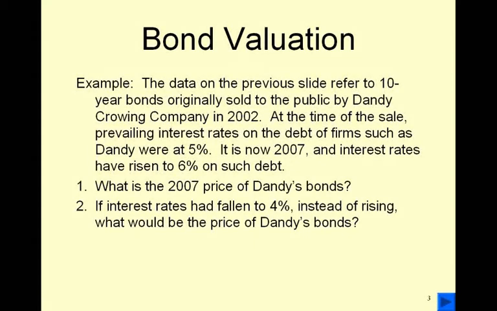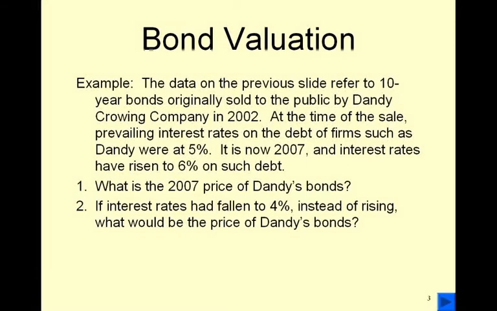At the time of the sale, prevailing interest rates on the debt of firms such as Dandy, that is, on the debt of firms with a risk level of Dandy's, were 5%. So let's say it's now 2007, and interest rates have risen to 6% on the debt.